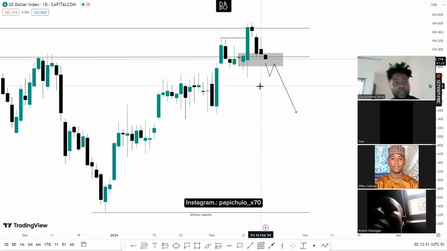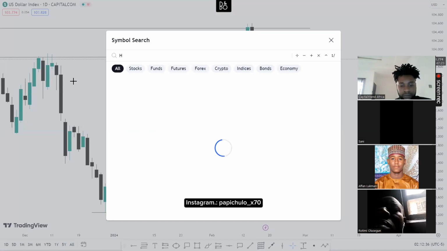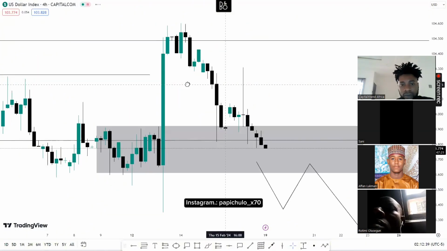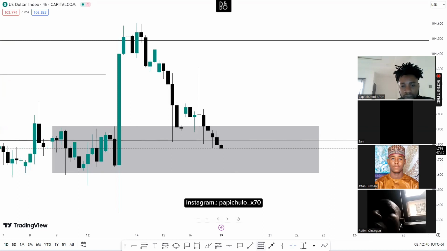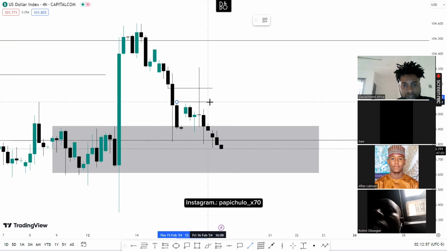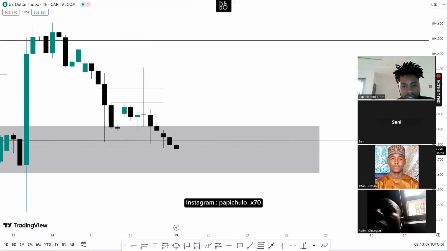Okay. So on 4 hours, from Friday, I told you guys that I'm expecting price to react from this gap here, which price actually did, closing below the consequent encroachment, which is a very strong sign for us.